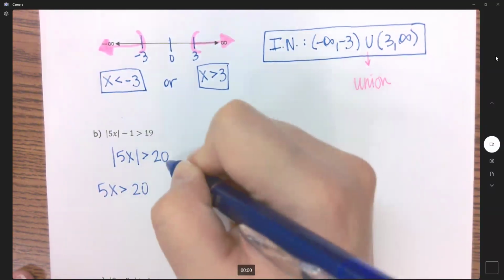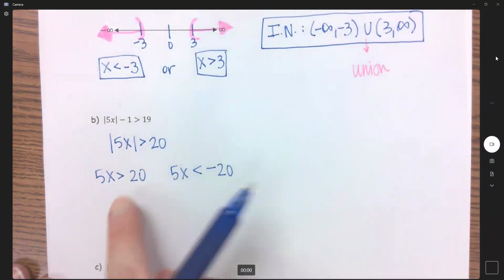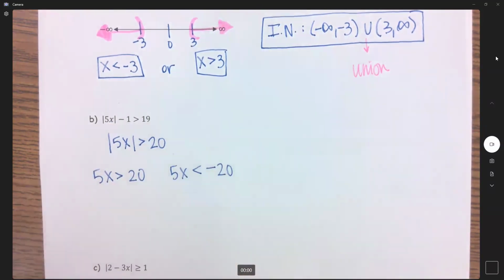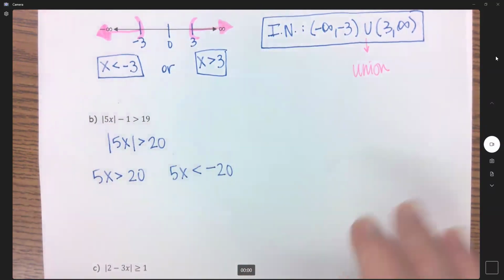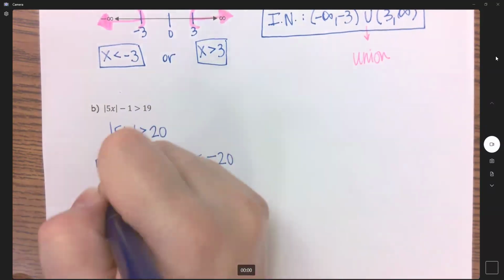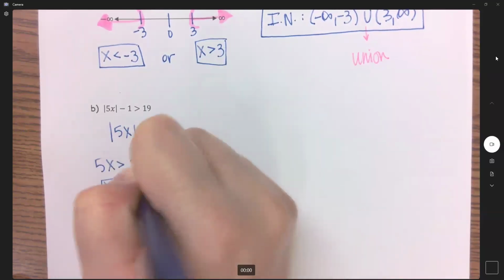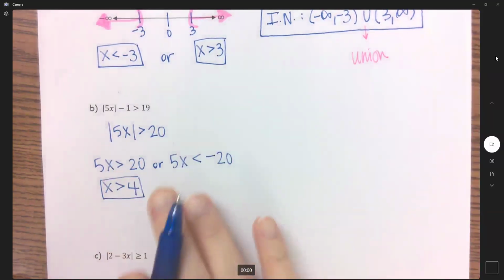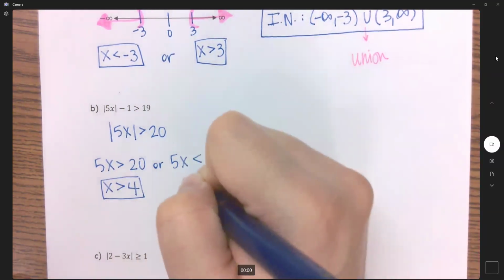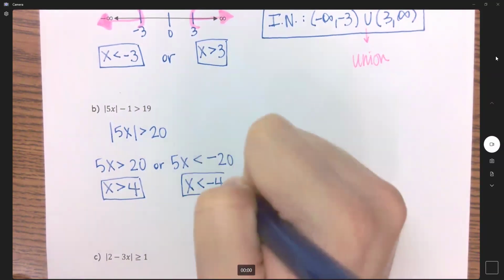Flip this to less than, and now it will be -20. You cannot separate this into the two until after you isolate. You'll get one of the two solutions wrong if you don't. So now here, divide by 5, and we get that x must be greater than 4. And then here, divide by 5, we get that x is less than -4.